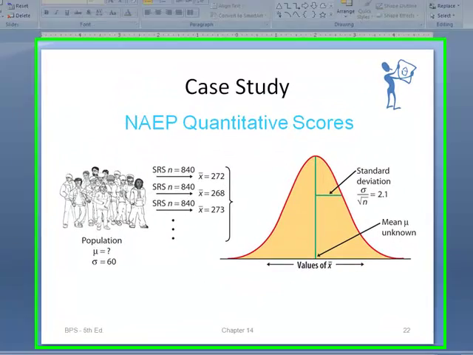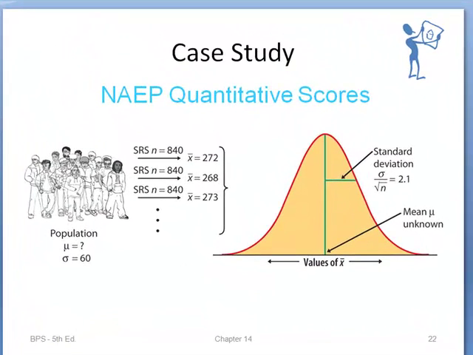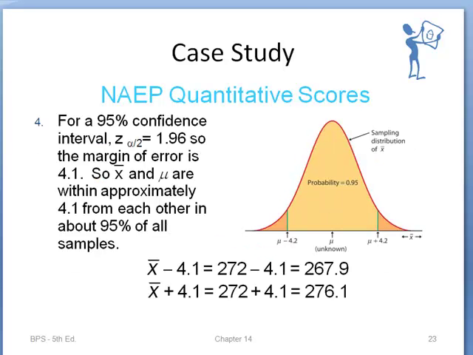So now this is a slide showing the underlying idea of a confidence interval. If we kept taking samples of size 840 and calculating their means, and we take each of those means and create confidence intervals about them, about 95% of them would include the true population mean. So this slide shows you, for the mean that we calculated, what the 95% confidence interval would be.